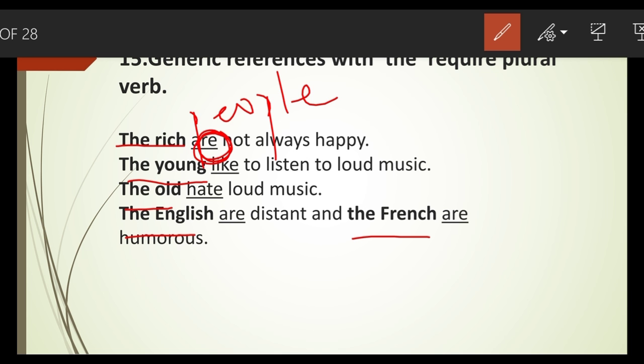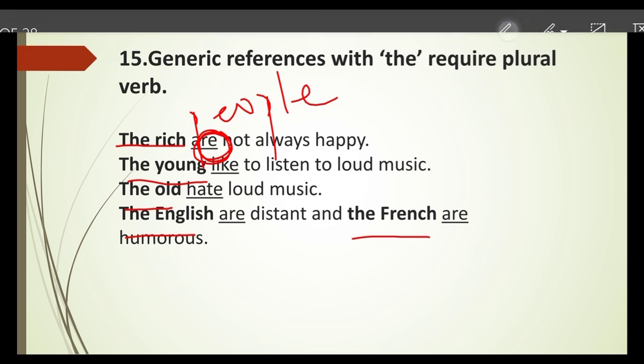The old people. Last sentence, the English people. The English are distant, and the French are humorous. When we say distant, hindi sila friendly. The English are distant, and the French are humorous. So, pinagkumpara. It's like the English people are distant, while the French people are humorous. So, ganun yung generic references.